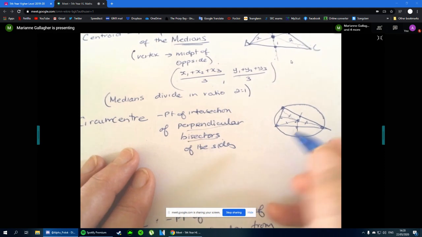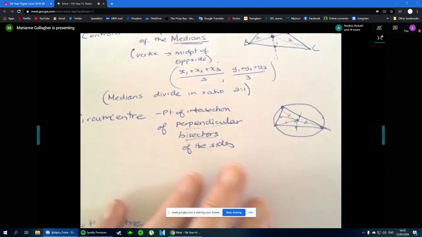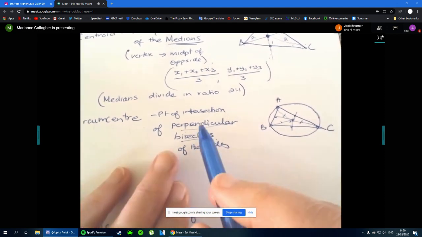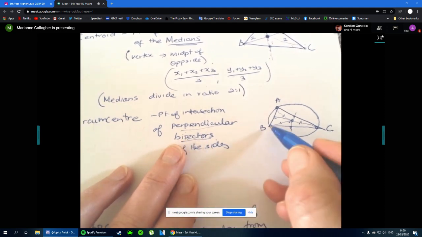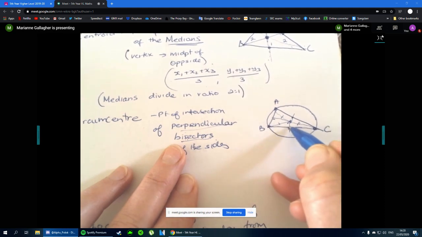So to find the circumcenter, what you would do is say this is your A, B, C. The perpendicular bisector means it's a line that goes exactly through the middle. Okay, so if we're looking at this line here, we want a line that goes through the midpoint.